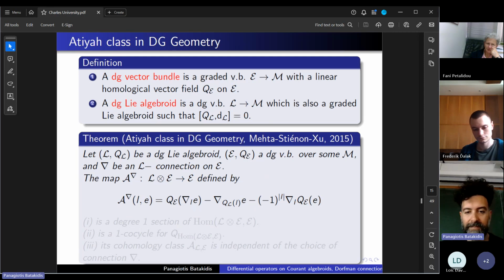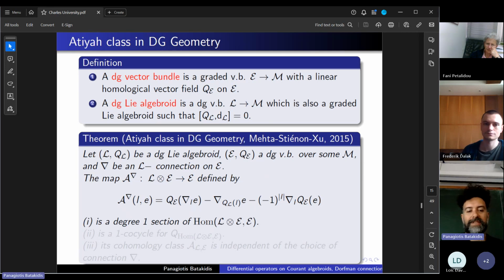It's clearly defined, and you can prove the following things. The way this theorem is stated is, let's say, the universal way you can prove a theorem about something that you want to call the Atiyah class.